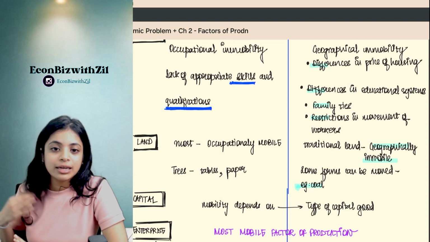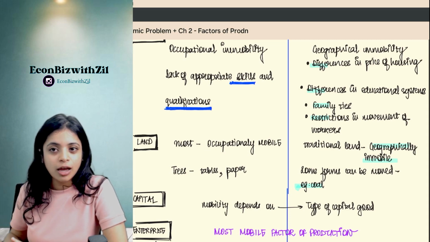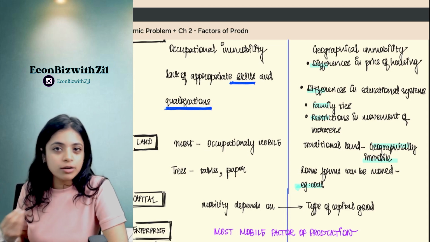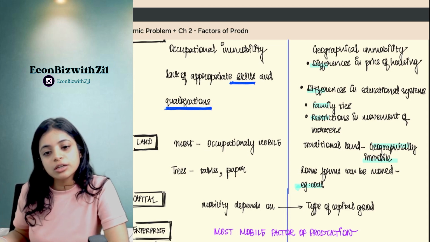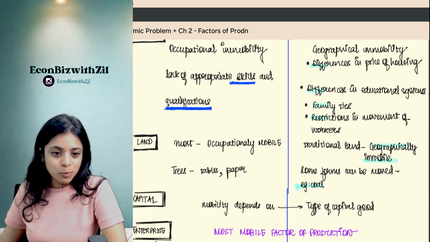So in that case there is occupational mobility. But a machine which is used to produce clothing apparel cannot really make a car. So there is occupational immobility in that case.